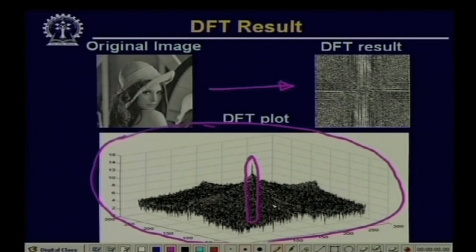So, this indicates that the Fourier coefficient is maximum, at least for this particular image, at the origin, that is when u equal to 0 and v equal to 0, and later on we will see that this gives you the DC component of this particular image. In most images, the DC component is maximum, and as you move towards the higher frequency components, the energy of the higher frequency signals is less compared to the DC component.